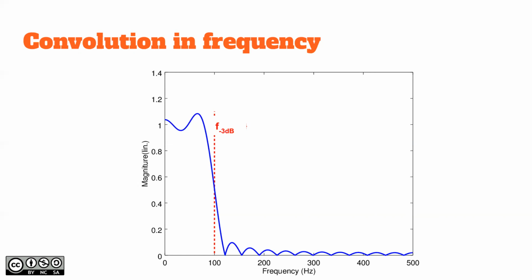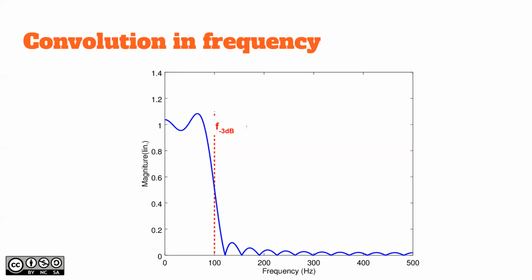Okay, it doesn't look that much like a box anymore, but there are a few nice things about it. One is that it is a low pass filter, what we started from. So we started from a box. It has some ripple though, and the stop band attenuation is not infinite.